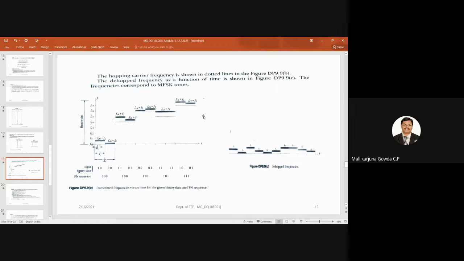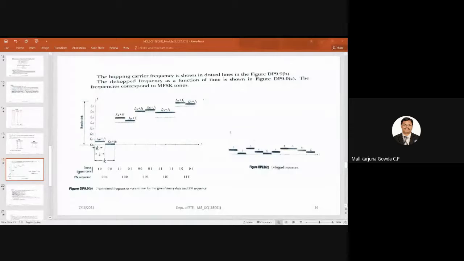I am asking, is this diagram clear? Nobody responds. Why? Do we still have doubts? If anybody has any doubt, you can ask. Nobody has any doubt? Hello?